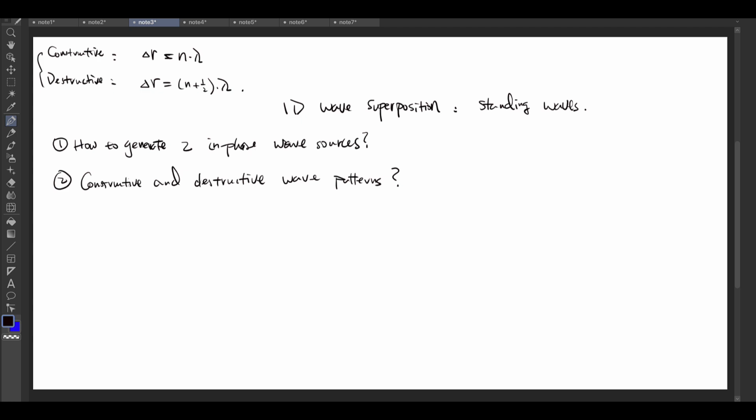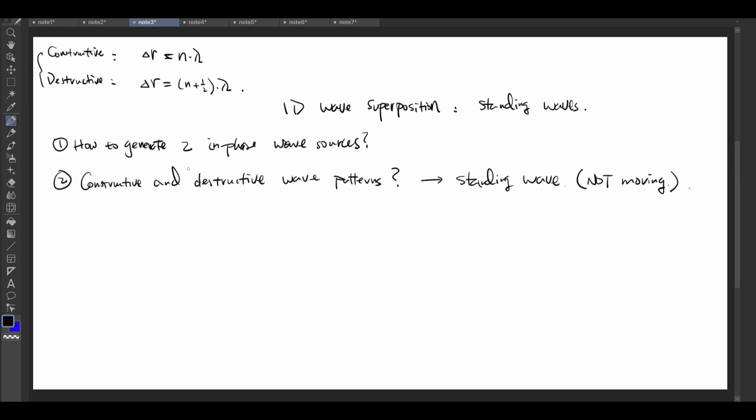And these constructive destructive wave patterns appear in a special wave called a standing wave. That's opposite to the traveling wave, meaning these kind of waves are not moving. They're kind of stationary in a space that you can see directly.